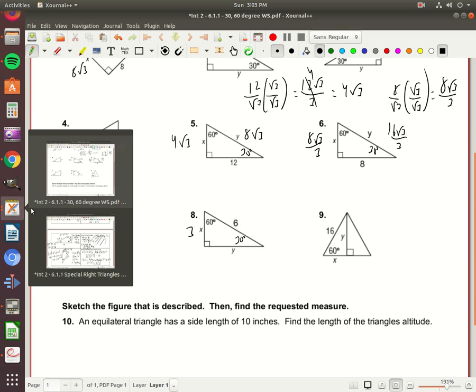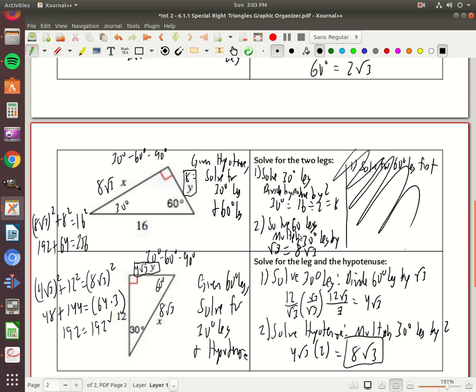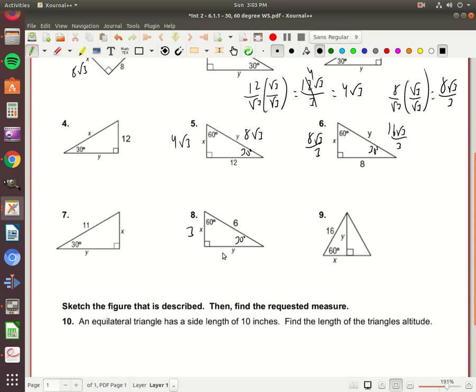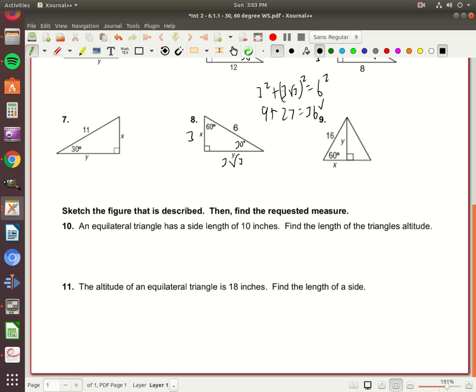And then I will finish it up by saying if I want to solve the 60-degree leg, I multiply the 30-degree leg by the square root of 3. So I'm going to get 3 times the square root of 3. And again, if I take 3 squared and I add that to 3 times the square root of 3 squared, I should equal 6 squared. 9 plus 9 times 3 is 27 equals 36. So some really cool math going on there.